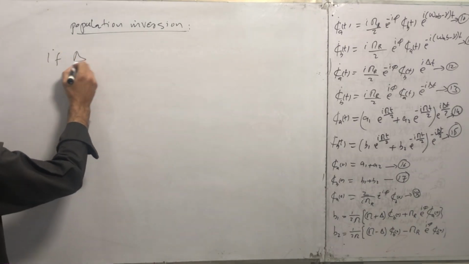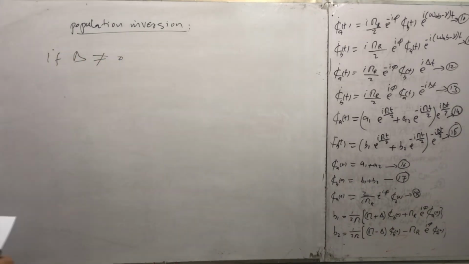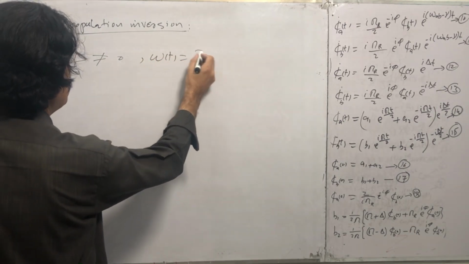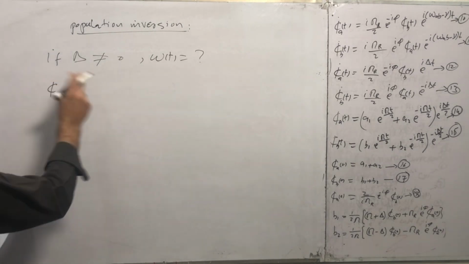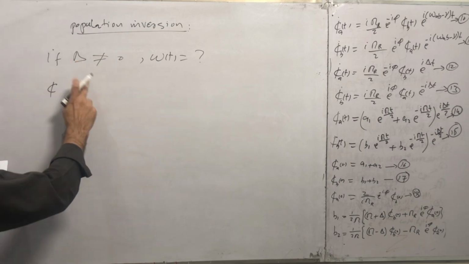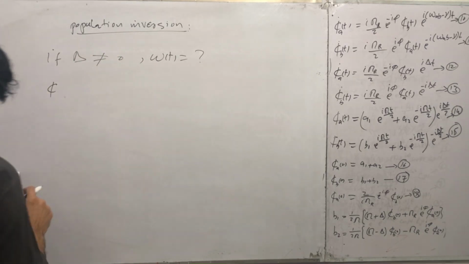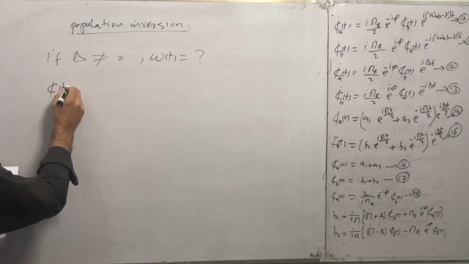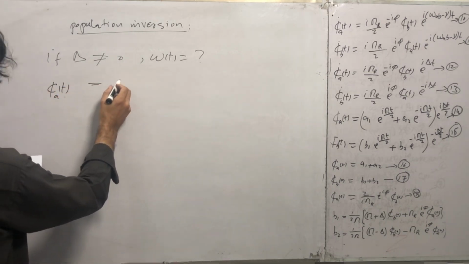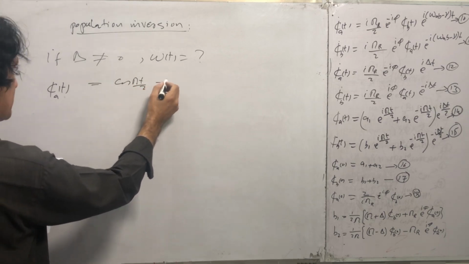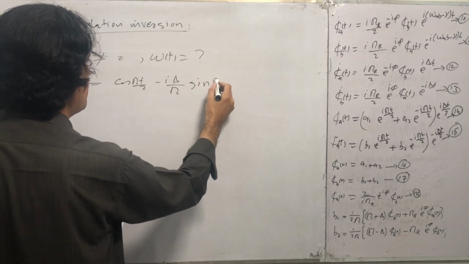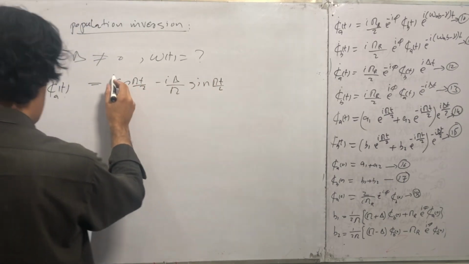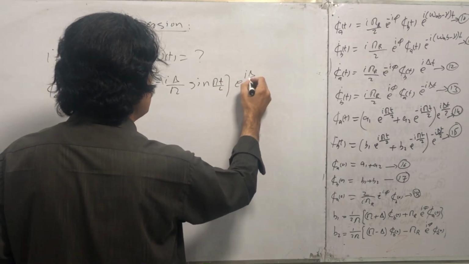This will be the population inversion when detuning is equal to 0. If detuning is not equal to 0, then what will be the population inversion W(t)? This is very simple. We can consider equation A and equation B like this. If detuning is not equal to 0 and C_A(0) is equal to 1 and C_B(0) is equal to 0, then C_A(t) will be equal to cosine omega t divided by 2 minus i delta divided by omega sine omega t divided by 2, times e to the power i delta t divided by 2.